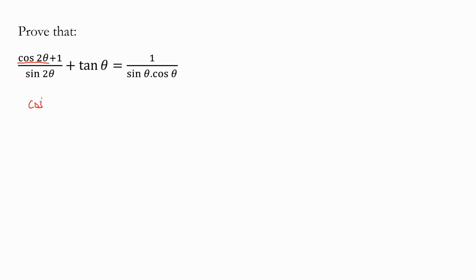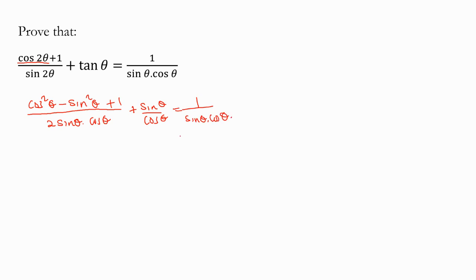So it's cos squared theta minus sin squared theta plus 1 over 2 sin theta cos theta, then plus sin theta over cos theta is equal to 1 over sin theta cos theta. Okay, so we have this. What do we do from here?